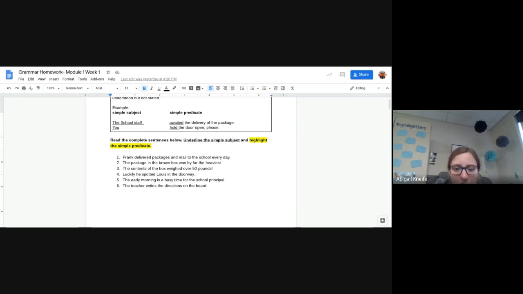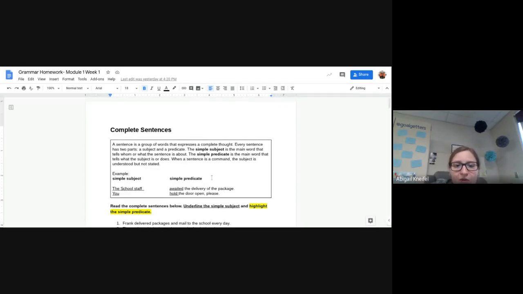Okay, so you have 6 questions on the first page. You have to underline the simple subject, and you have to highlight the simple predicate. In case you don't know how to do that, I'm going to show you right now.